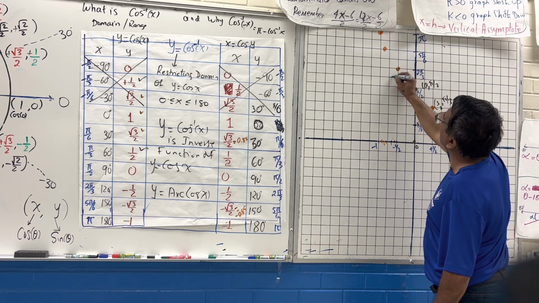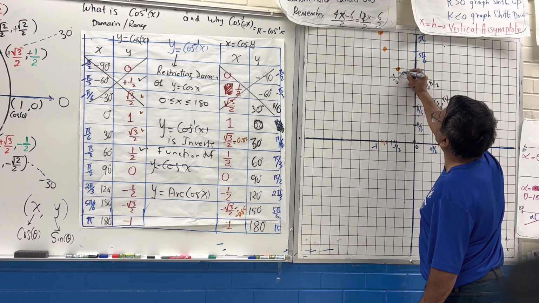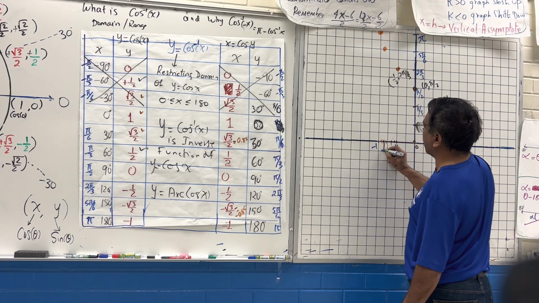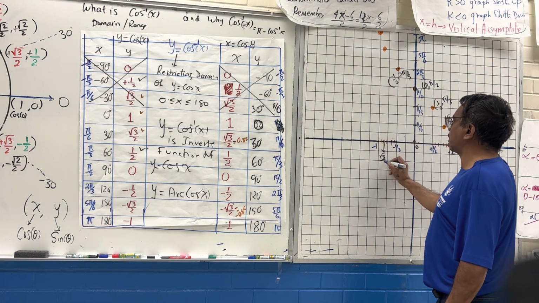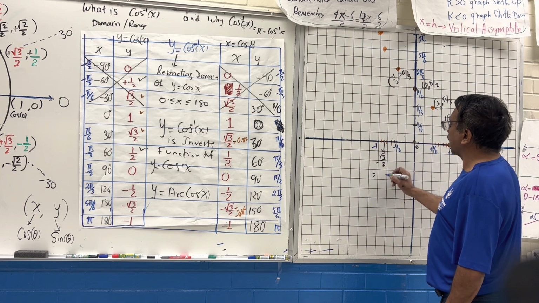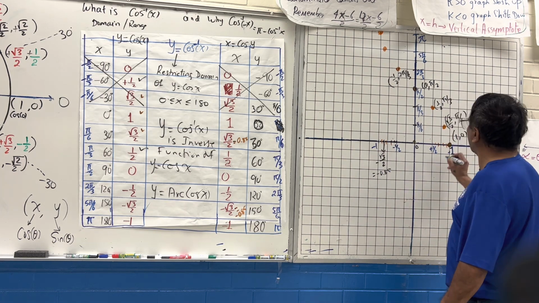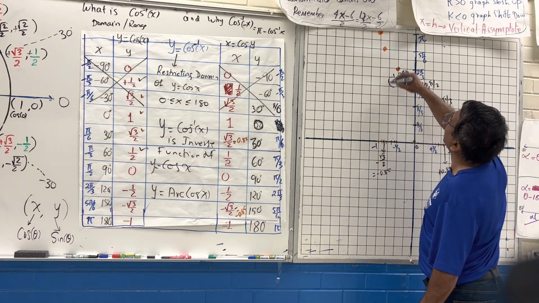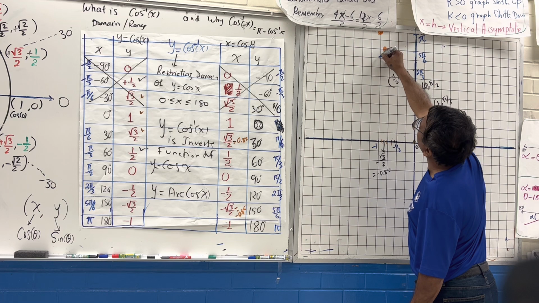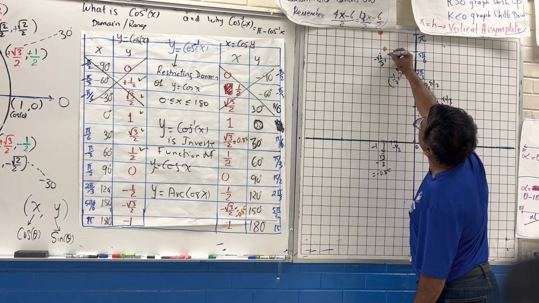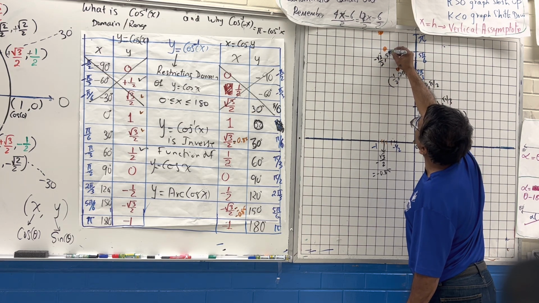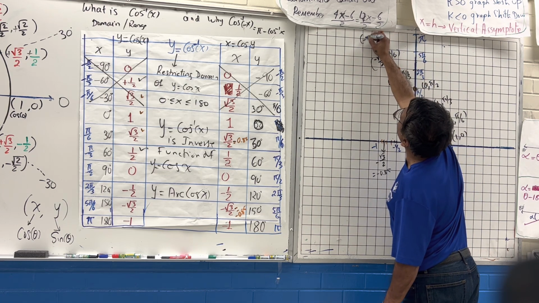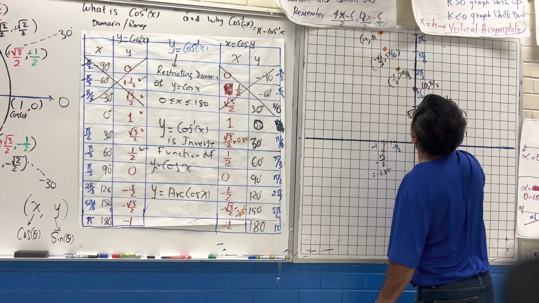Minus half is 2pi/3. This is where I was talking about √3/2, which is minus 0.85, and this is the point plus 0.85. So minus √3/2 is 5pi/6, which is 150 degrees. And then this point, -1, is pi. And then you graph this.